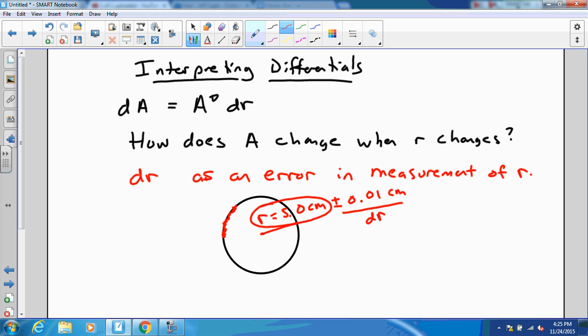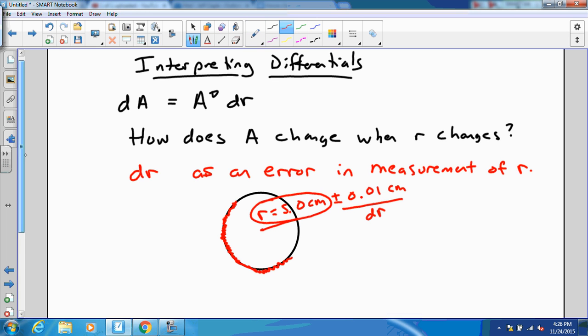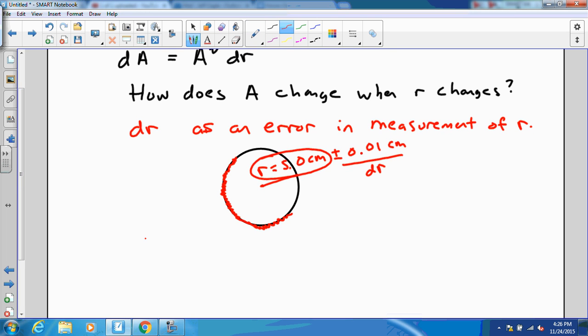So instead of picturing the radius as being an exact number, we can picture it almost as a fuzzy kind of value that is somewhere between 4.99 and 5.01. Well, if I have an error in the radius, then I'm going to have a corresponding error in my calculated area.